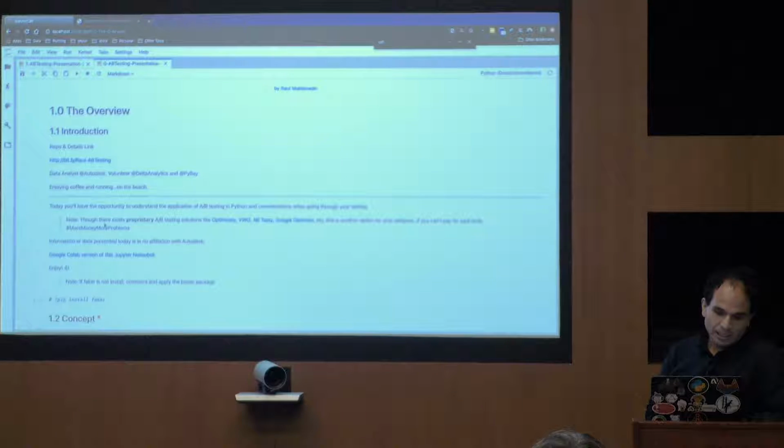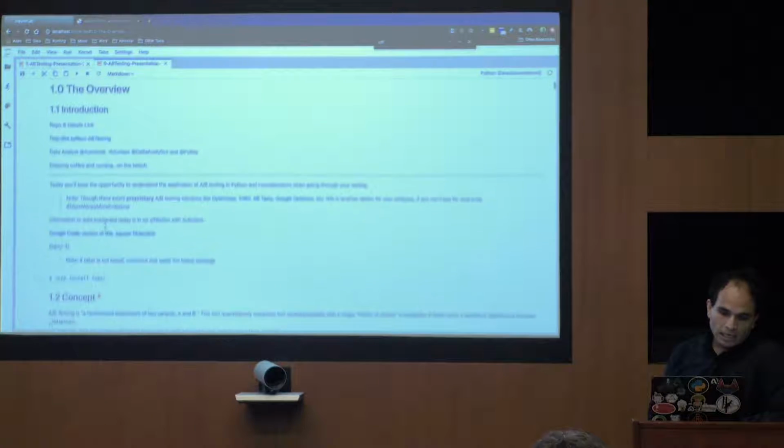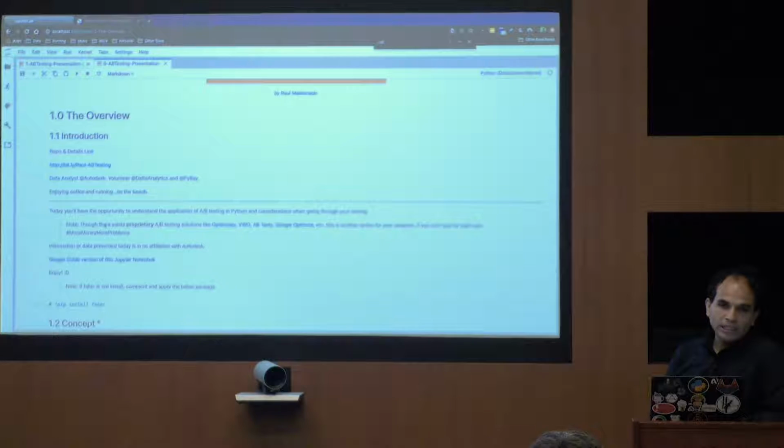Healthy habit. And today you'll be learning about A/B testing from more than just an academic approach. You'll be understanding some of the implications of performing A/B testing from a business sense, or in production essentially. Just a note that a lot of this information is not affiliated with Autodesk at all, particularly the concepts and the examples not discussed.